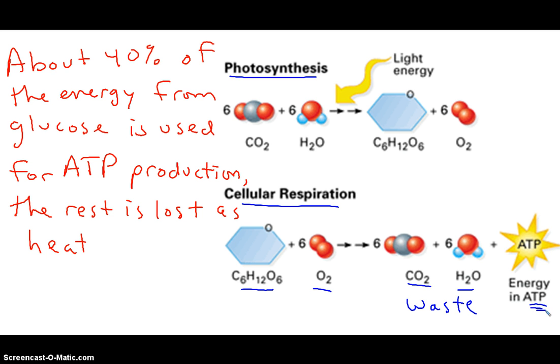Now, unfortunately, our body's not terribly efficient. Only about 40% of the energy from glucose is used for ATP production. The rest is lost as heat. So that's the cost of doing business, is that almost 60% of the energy in each glucose molecule gets dissipated by the body as heat, and we never really get to use it.